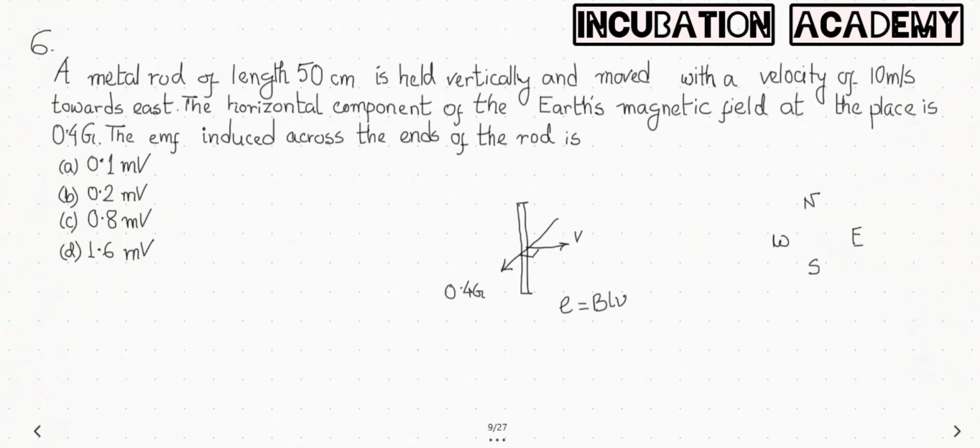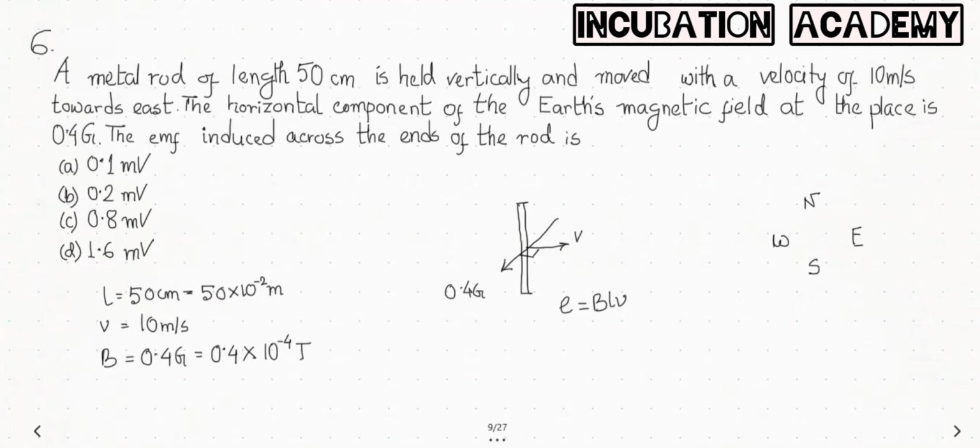The length of the rod is 50 centimeter, so you can say that is 50 into 10 to the power minus 2 meter, and the velocity of the rod V is 10 meter per second, and the magnetic field is 0.4 Gauss. 0.4 Gauss means 0.4 multiplied by 10 to the power minus 4 Tesla.